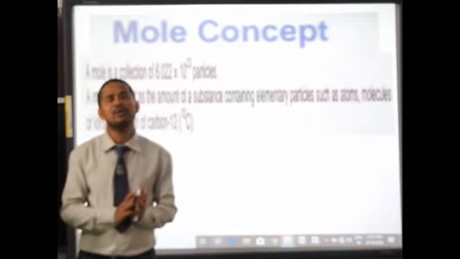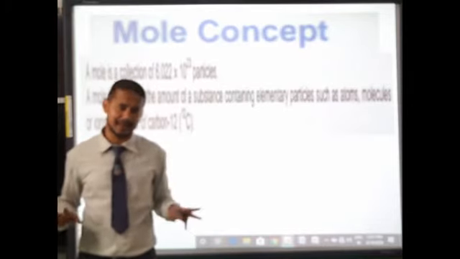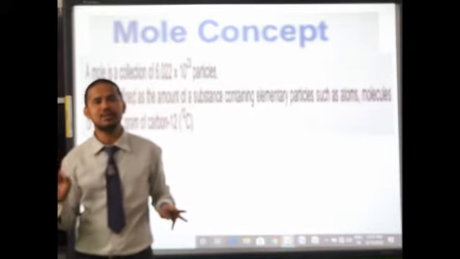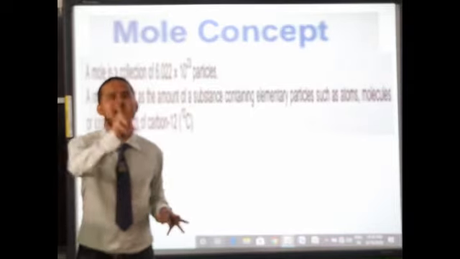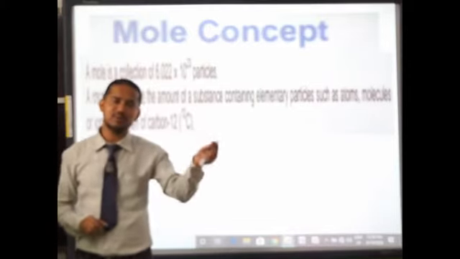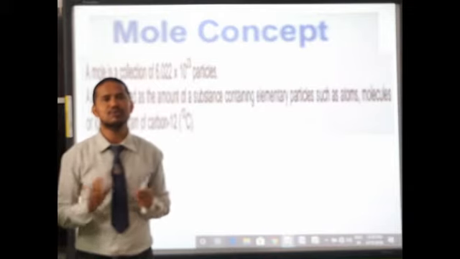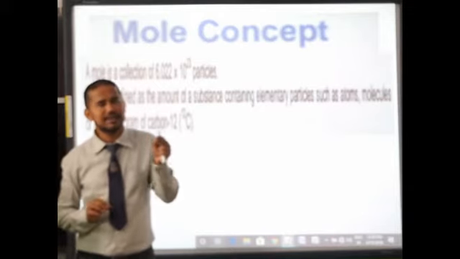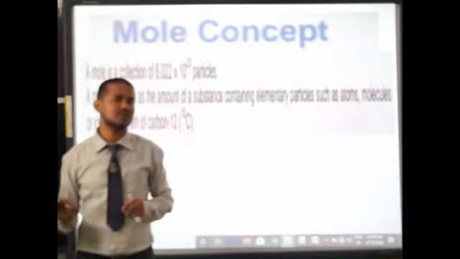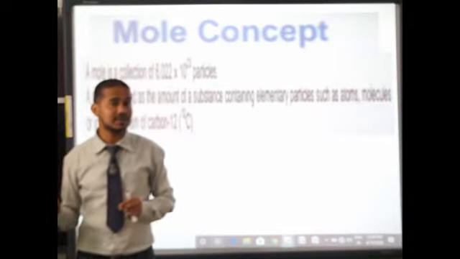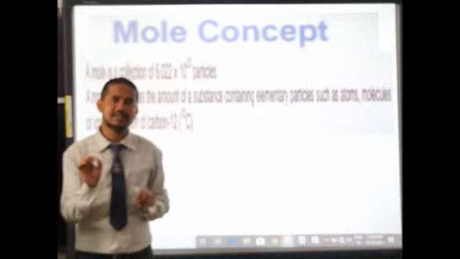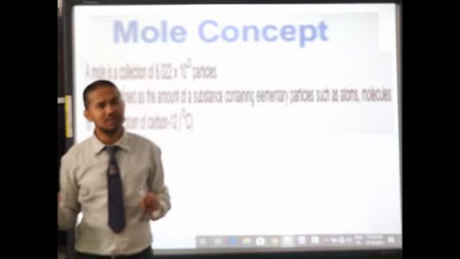Similarly, 1 mole of anything means 6.022 into 10 to the power 23 particles of that particular thing. So 1 dozen means 12, 1 mole means 6.022 into 10 to the power 23. If I say 1 mole of atoms, it means 6.022 into 10 to the power 23 atoms. If I say 1 mole of molecules, then it is 6.022 into 10 to the power 23 molecules.